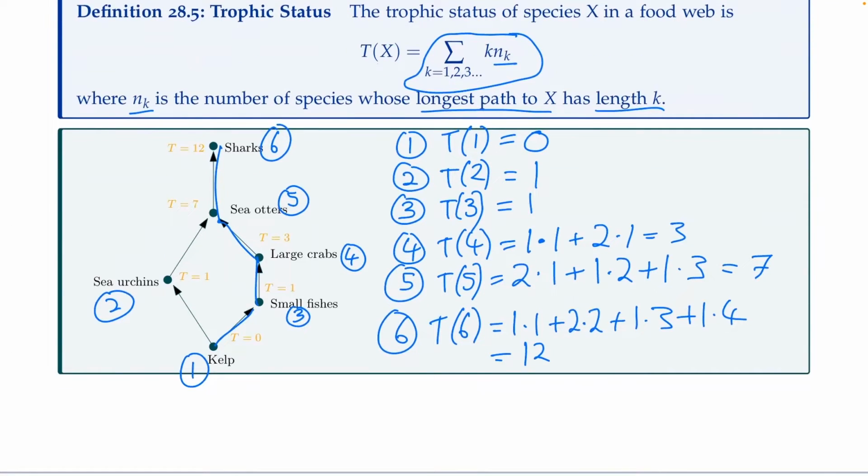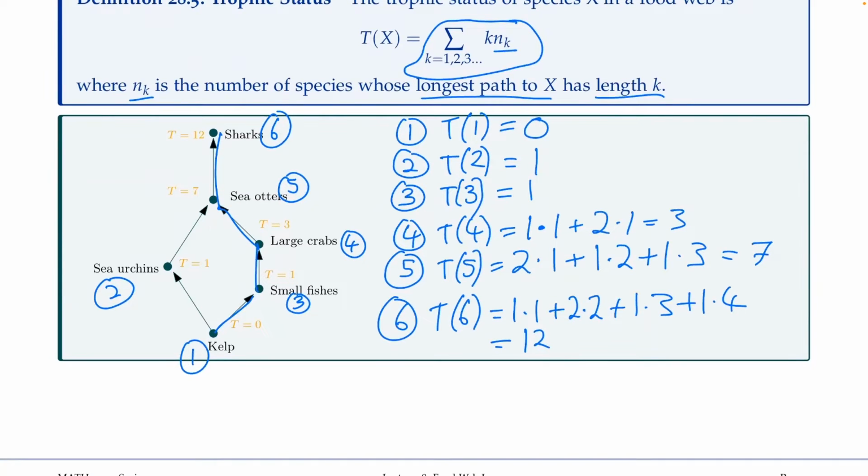Essentially, let's take sea otters here. First thing I do is I look at species that have path length 1 feeding into sea otters. So that's sea urchins and large crabs. So there are 2 species that have path length 1. Then I can look at species that have path length 2.